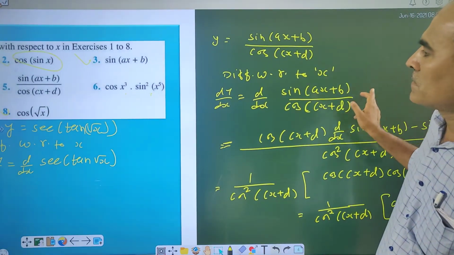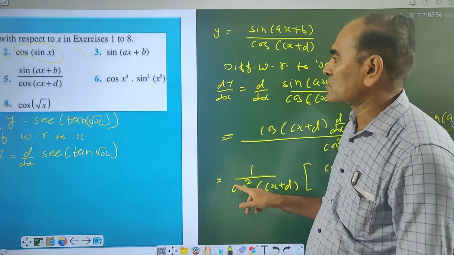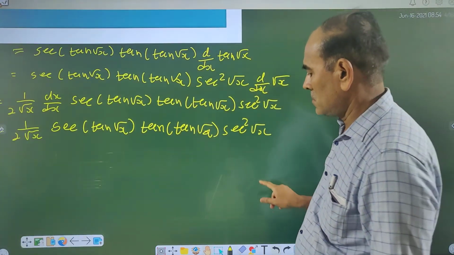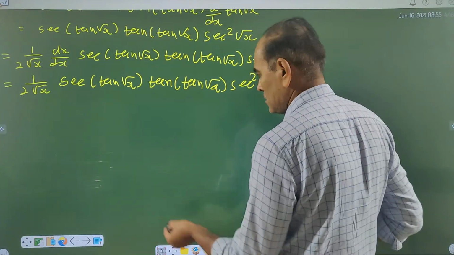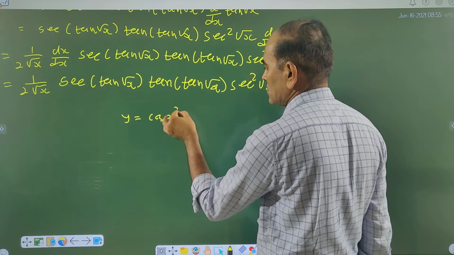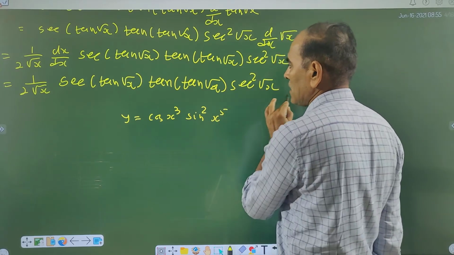What is given? Cos x cube, sin square x raised to 5. Take y is equal to cos x cube sin square x raised to 5.